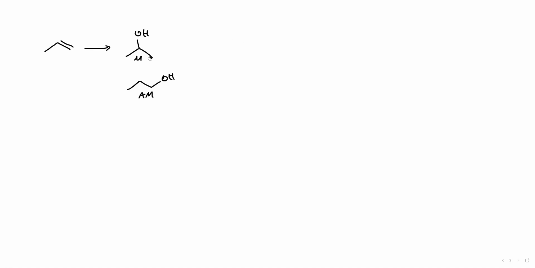Again, we want a primary one right now. So for the time being, primary is what we want. So we would go with the anti-Mark hydration. Just a reminder, that's just BH3 THF, and the second step typically being peroxide in base. Okay, and that would give us the anti-Mark alcohol.